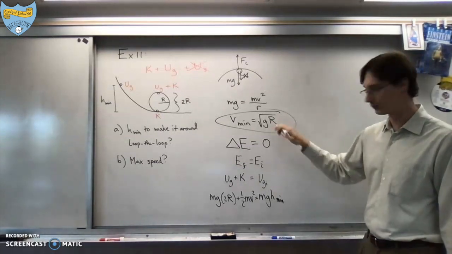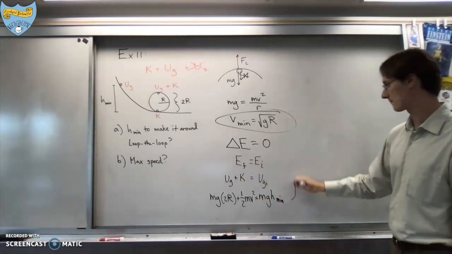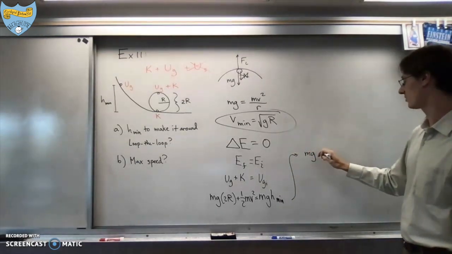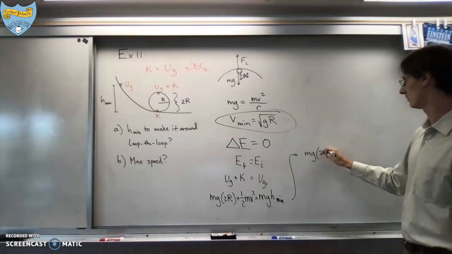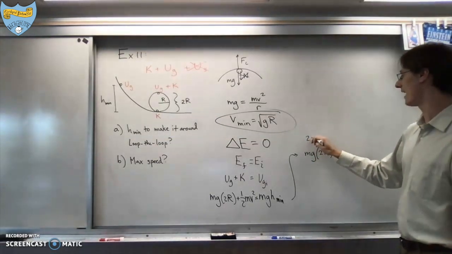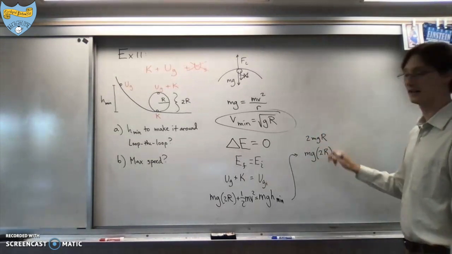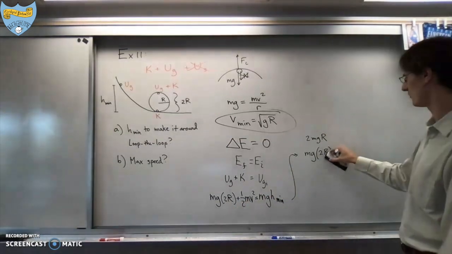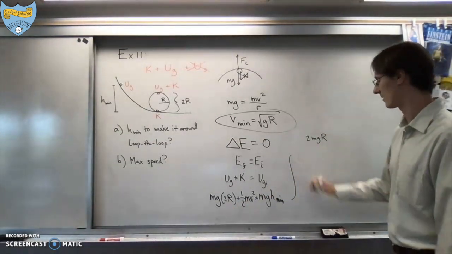Okay, so we'll plug in this for my v, and this is what the line below it would say, mg times 2r. This, by the way, could be written as 2mgr, and that's maybe actually how I ought to write it, instead of leaving that 2 buried in the middle. That's just silly. Why would I do that?